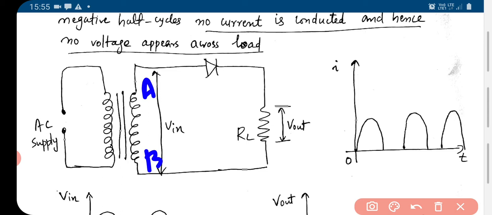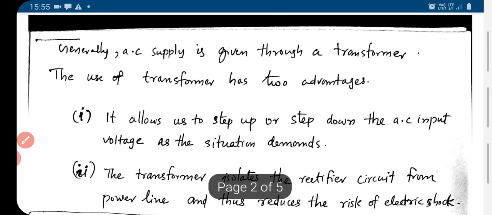During the negative half cycle, A becomes negative and B becomes positive. During the negative half cycle, no current flows through the load RL. That will be suppressed, and we will get current only during the positive half cycles. So this is how it works.